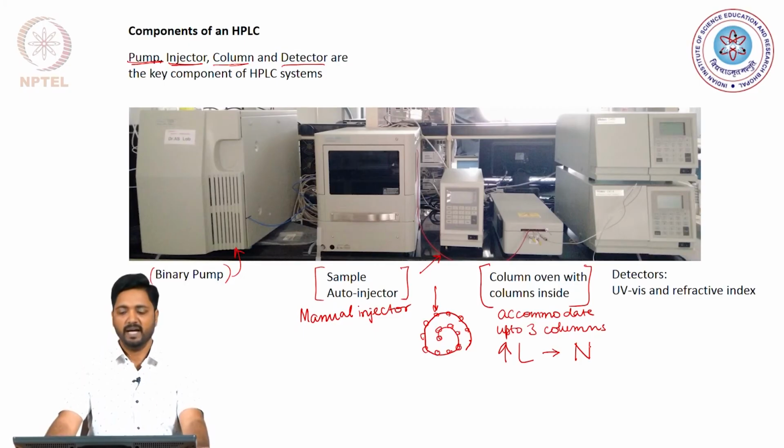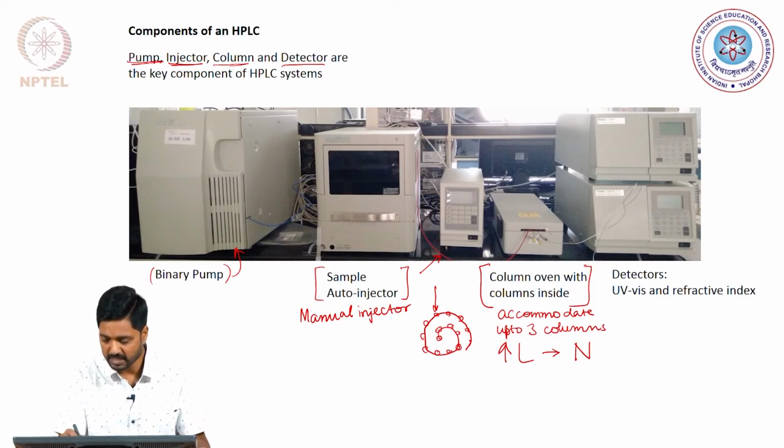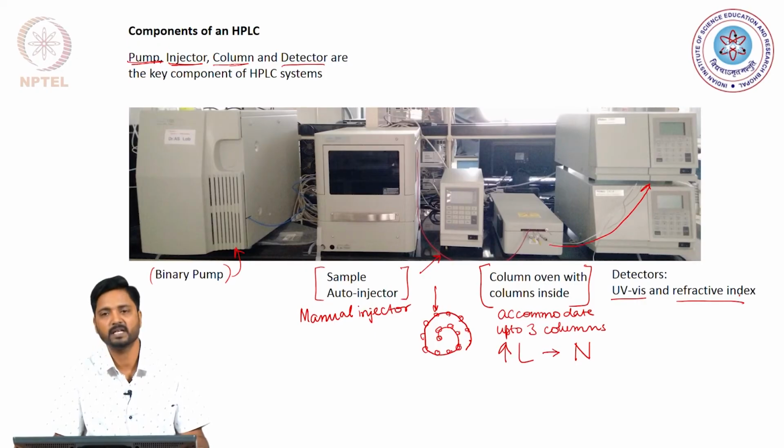Now, finally, as the solute or the analyte moves out of this column, it will be passing through the detectors which are shown here, and these detectors in our case are the UV vis detector and the refractive index detector. And finally, after passing through the detectors, the detector response is noted and the eluent now moves out into a waste bottle where it is collected.